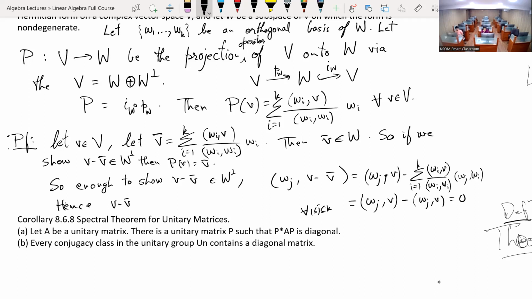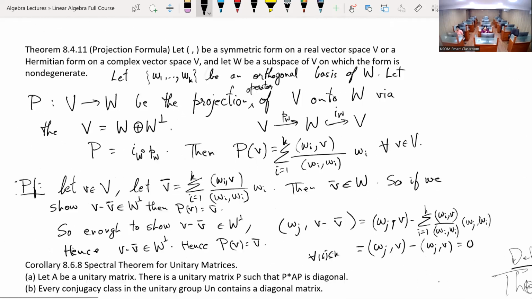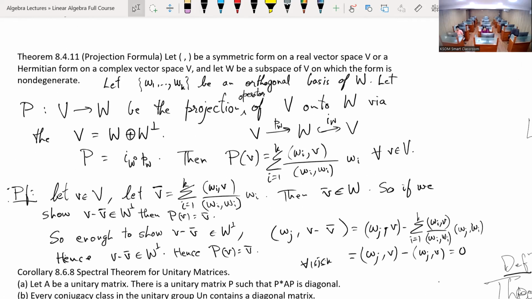This tells you that v minus v bar is in W perp, hence PV equals v bar. So this completes the projection formula.